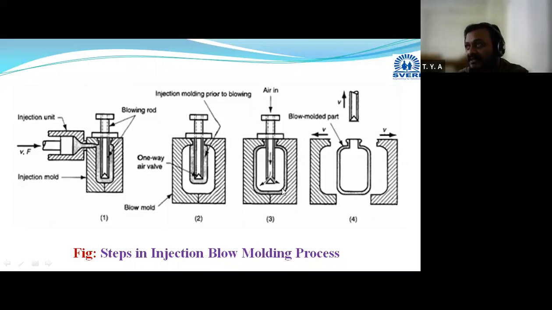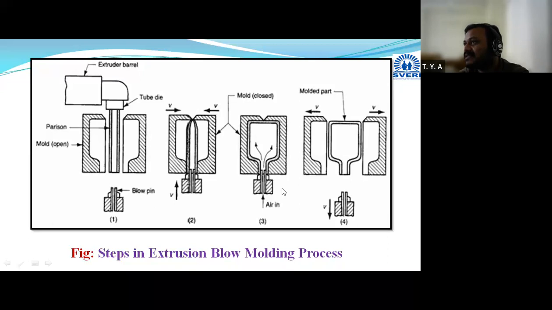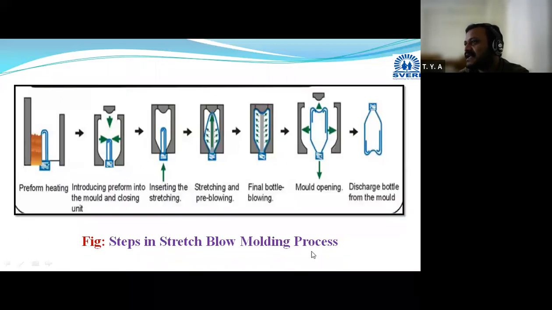Then we will move towards the third type, that is the stretch blow molding process. A small difference will be there. This is your preform or your Parison. Some small amount of heat is provided, also termed preheating, and then that Parison is placed between the mold parts and it is closed.